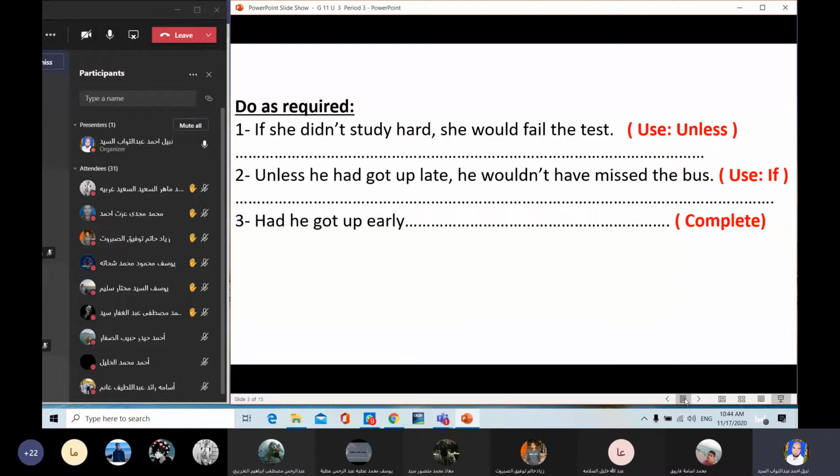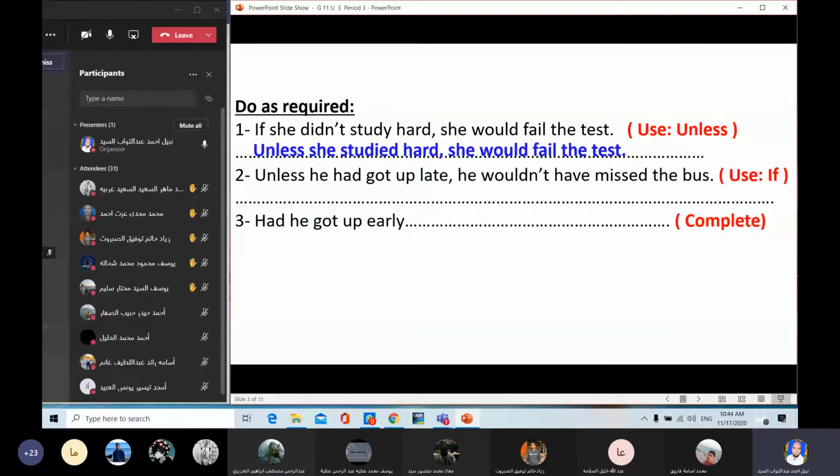Let's see Ziad Hatem. Unless she studied hard, she would fail the test. Excellent. Thank you, Ziad. Note here, Ziad deleted the negative, didn't, and used the positive, studied. So the right answer: unless she studied hard, she would fail the test. Thank you very much, Ziad.